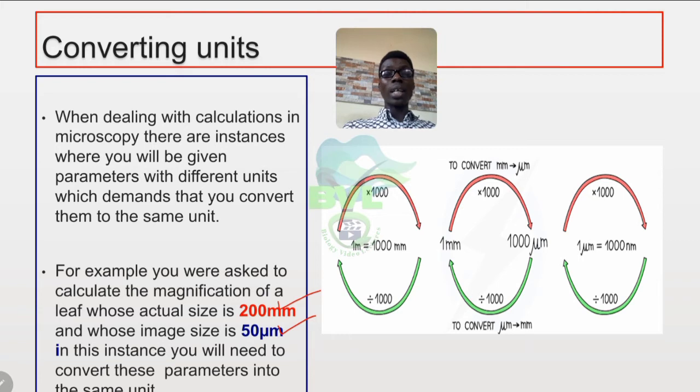You're going to get a wrong answer. You're supposed to make sure that this 200 millimeters is converted to micrometers, or this 50 micrometers is converted to millimeters. This is very, very important.